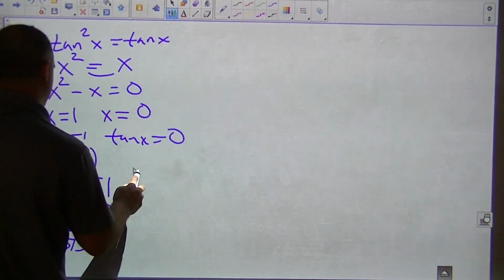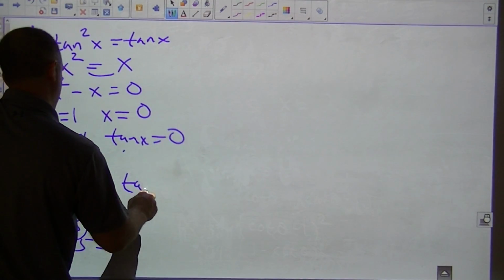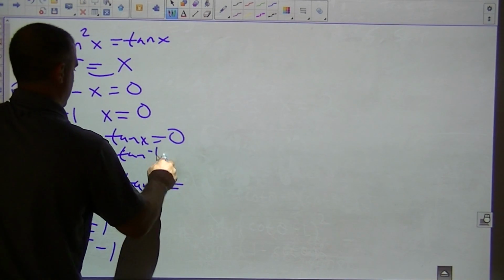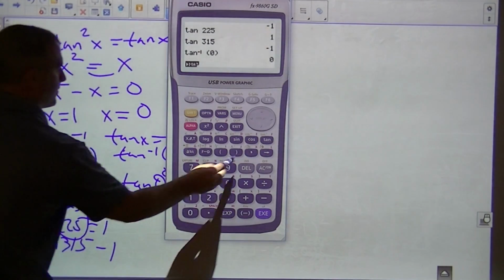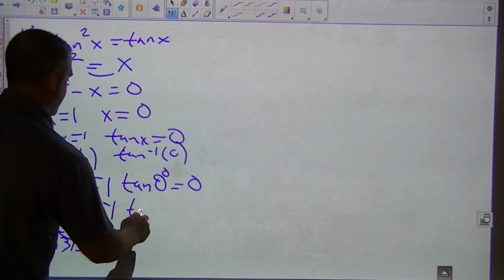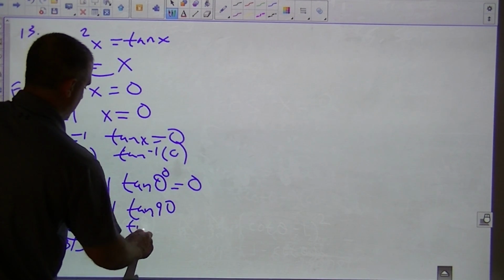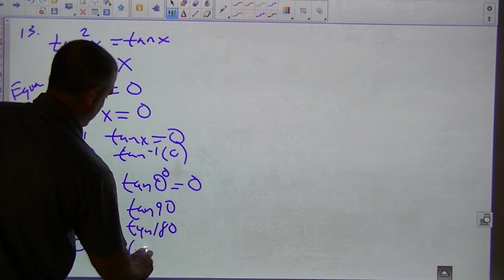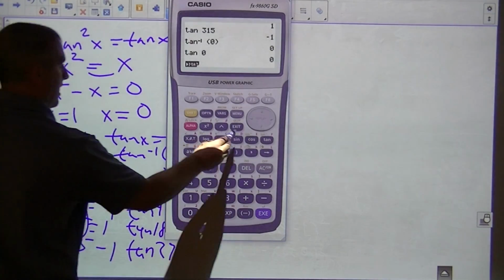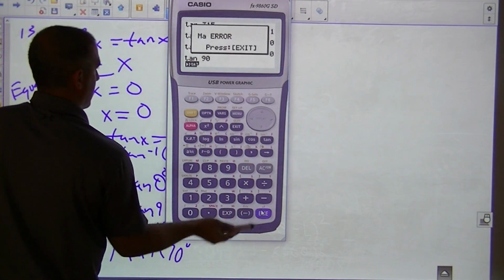Tan of 0 is 0, so we've got 0 degrees works. So tan of 0 happens to be 0, so we got 0 and 0. So now we're just going to try 90, we're going to try 180, we're going to try 270. And you can see how they all group together, okay? So tan of 90 is undefined.